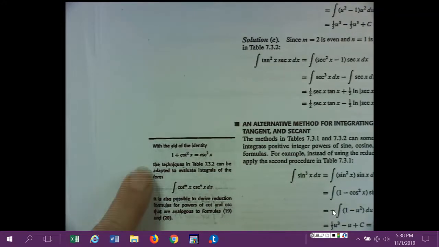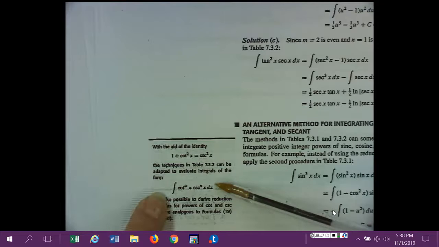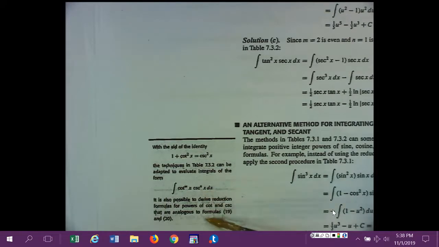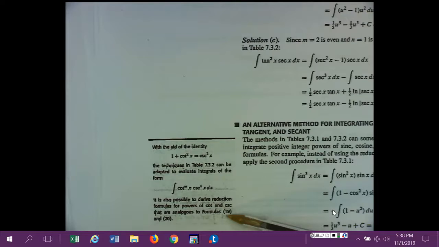It does not focus on, it says here, the table can be adapted to evaluate integrals which involve products of cotangent and cosecant. The section deals with products of tangent and secant with a table, and it deals with reduction formulas with powers of tangent and powers of secant, but it does not give anything in regards to cotangent and cosecant.